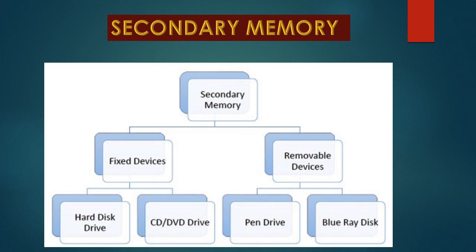The removable devices mean that you can easily carry them from one place to another, that are your pen drives, which are also called flash drives or USB drives, and second are your Blu-ray discs or the DVDs also.